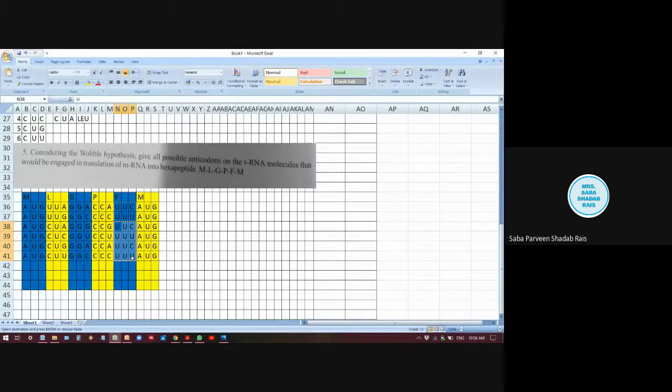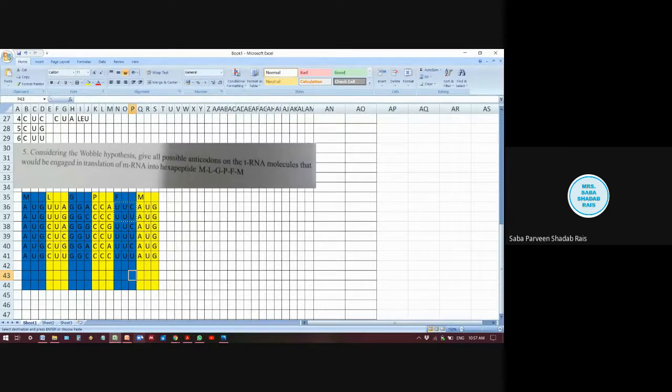Here it says give all possible ways, so all possible ways will be many. So these are some possible ways. You can find many other ways also for writing this particular polypeptide. You can make various combinations because six codons are there, so 6 into 4. So there are many possible ways.